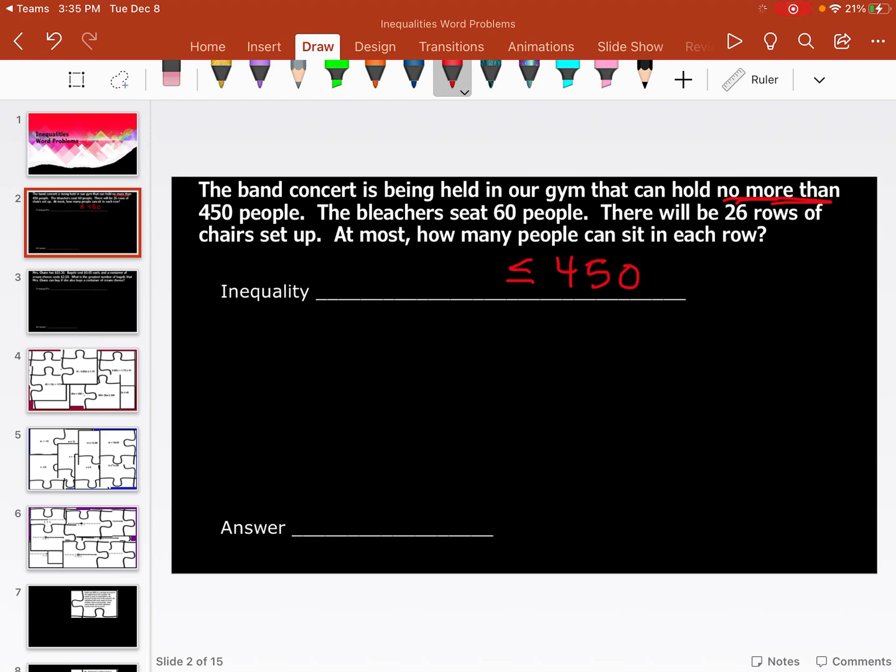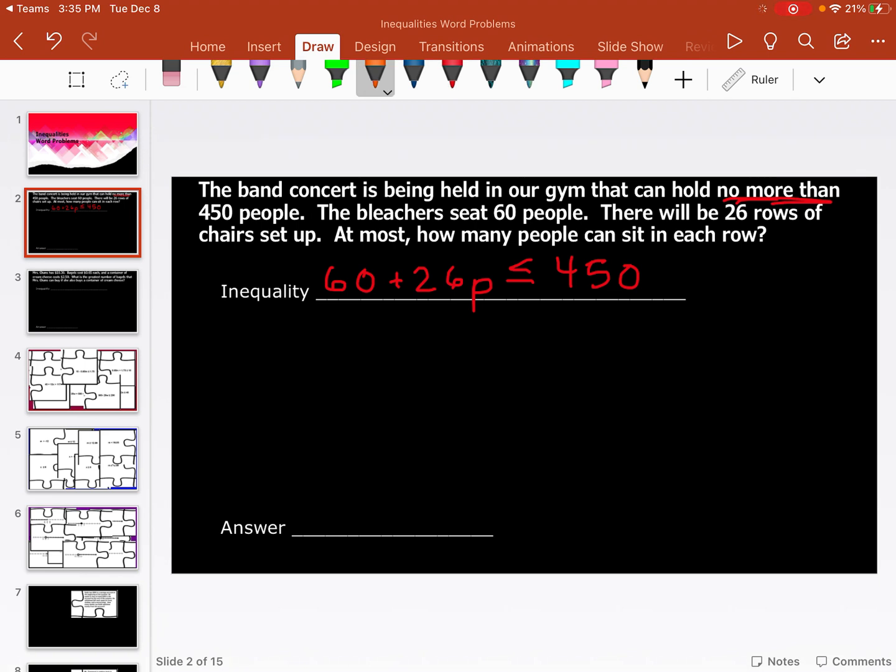Okay, so they said that the bleachers can fit 60 people, plus there's going to be 26 rows set up and a certain amount of people on each row. So we're going to try to determine what P is, which would be the amount of people in those 26 rows, which is answering the question, at most, how many people can sit in each row.